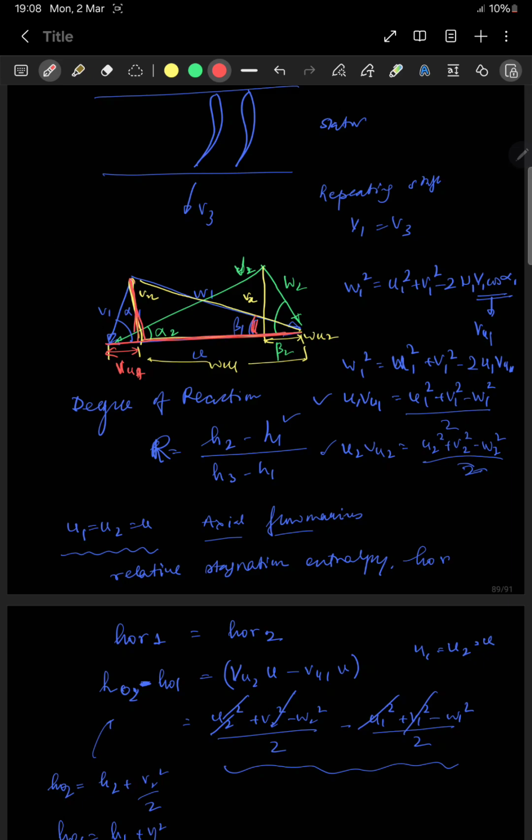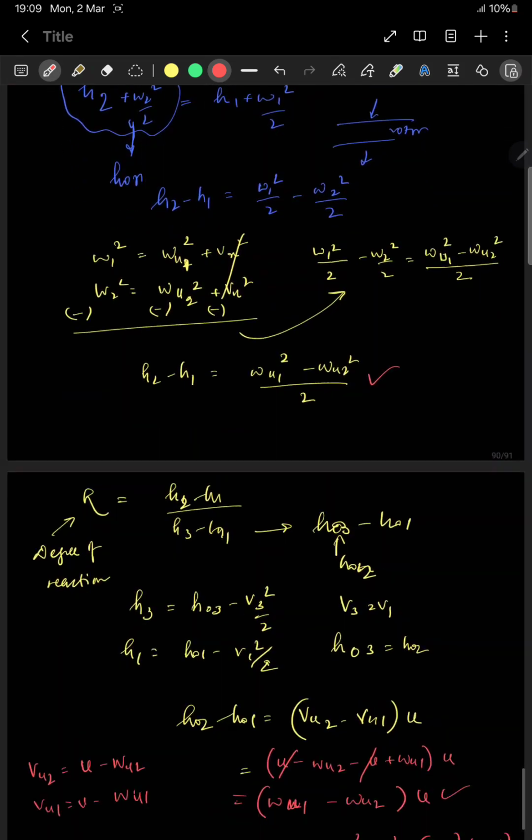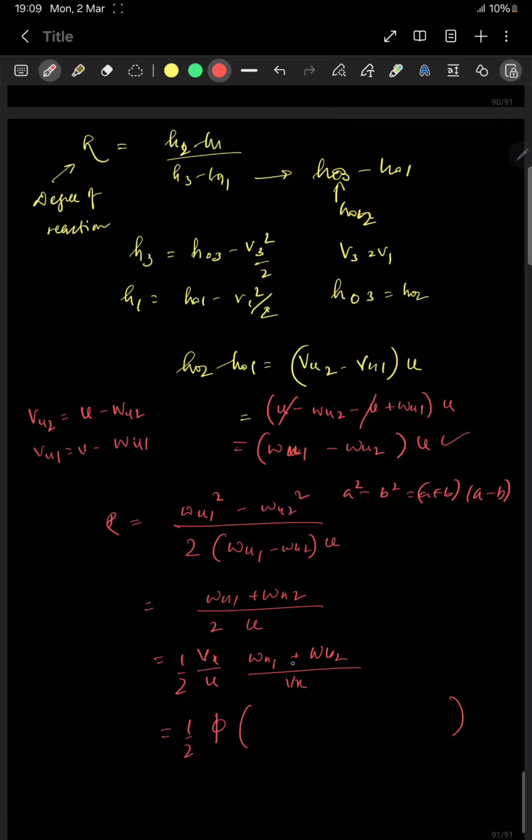This is beta 1, so cot beta 1 is equal to wu1 by vx, and cot beta 2 is equal to wu2 by vx. So this is phi by 2 into cot beta 1 plus cot beta 2. This is R.